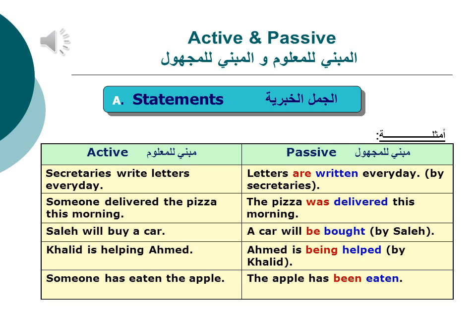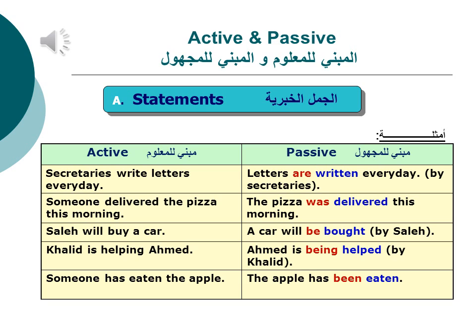The next active sentence is someone delivered the pizza this morning. The verb here is in the past simple. The object, مفعول به, is the pizza. So the pizza is put at the beginning, added by the past simple form of the verb to be, which is was, because pizza is singular.